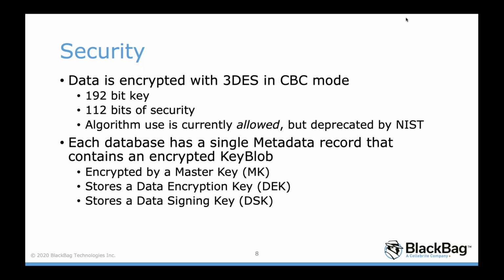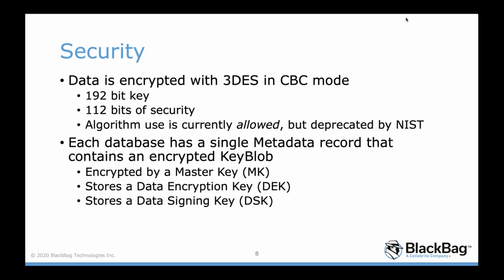Each of the databases has a single metadata record that we mentioned, and if you query for that metadata record, what you're going to get back is what they call a key blob. And inside of this key blob, it's going to contain an encrypted version of two different types of keys. There's an encryption key, a data encryption key, or a DEK, and that's used to encrypt all of the data that's stored in the keychain itself, or at least the root key for that.